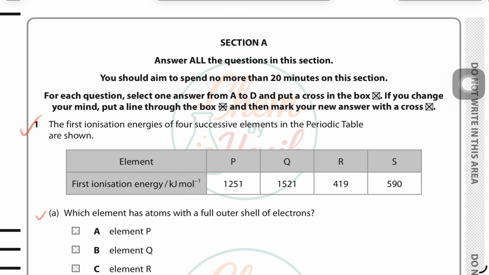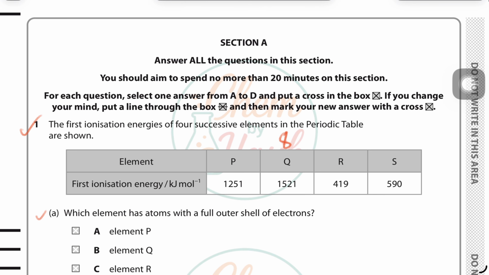Since these are four successive elements, before solving any questions here, you can figure out the group numbers. Usually the highest one is always group number 8, because in any period the element with the highest first ionization energy is the element in group number 8.